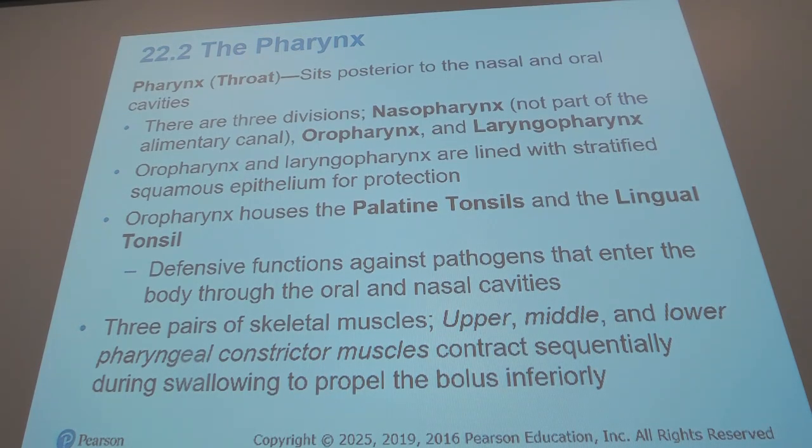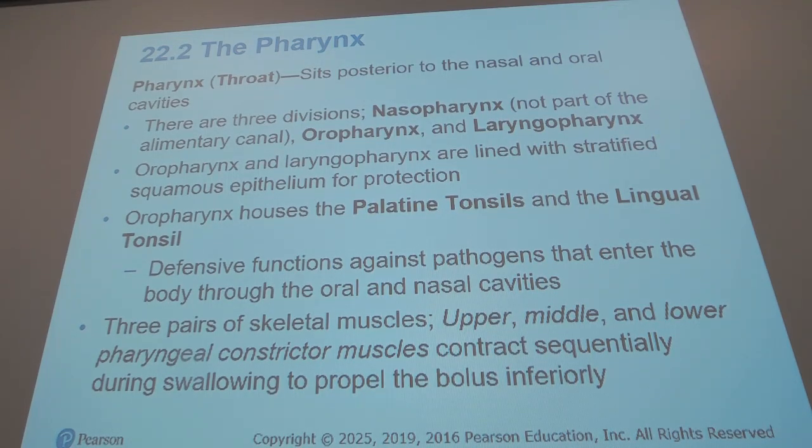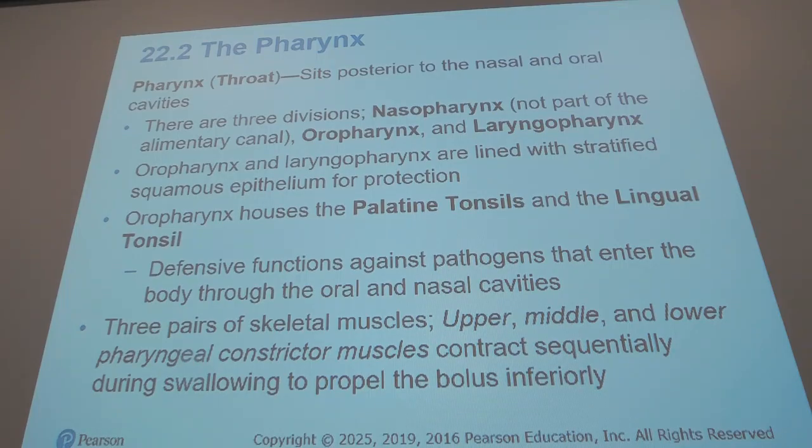In order to receive the food, the superior constrictor relaxes, and then once it receives the bolus of food from the oral cavity, it contracts, and then the middle pharyngeal constrictor relaxes and then contracts, while the superior one relaxes to receive more food if you have more food in your oral cavity. And then your inferior constrictor relaxes, receives the food from the middle constrictor, and then contracts, and then the food will continue through the esophagus. Actually, the lower pharyngeal constrictor is part of the esophagus too.